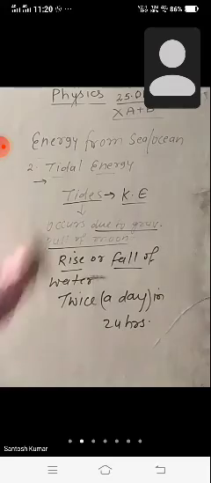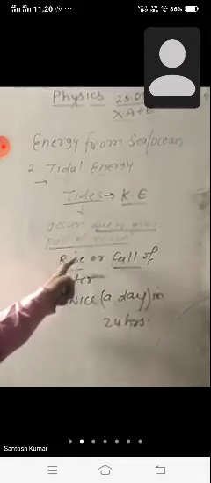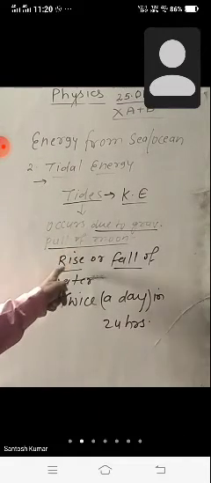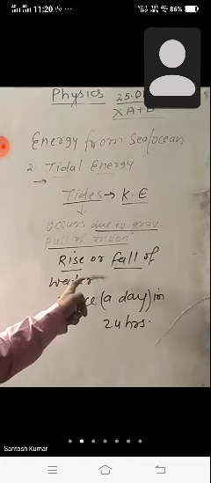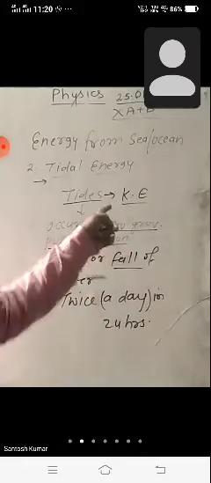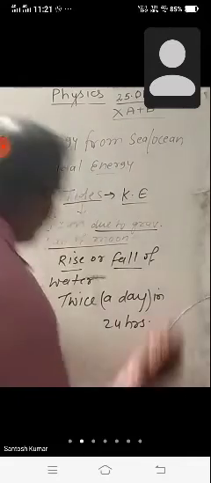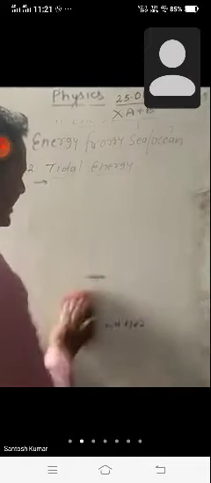The energy possessed by water due to rise or fall of sea water, because with rise and fall there is motion, it is in the form of kinetic energy, which is further used to produce electric energy. So you need to define the term as the energy possessed by rising and falling tidal water. After writing this we will move forward to see how it is harnessed.